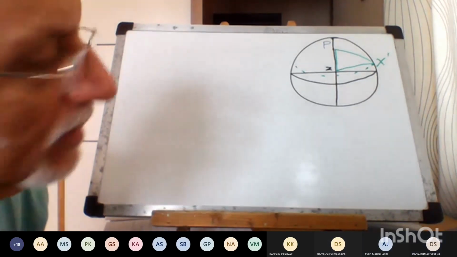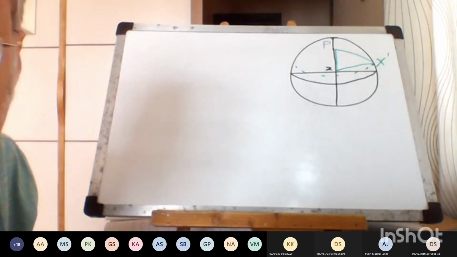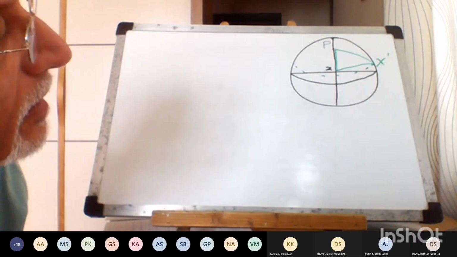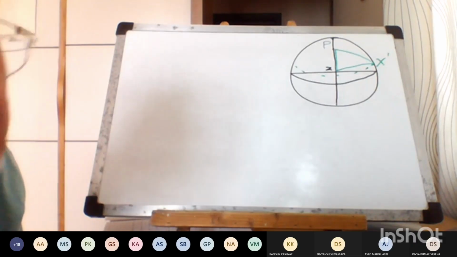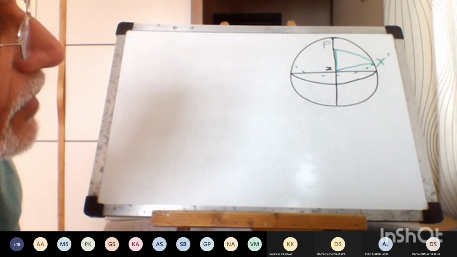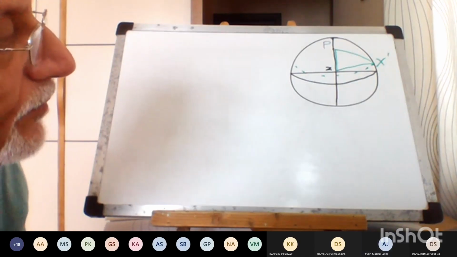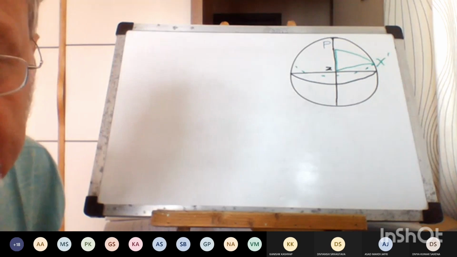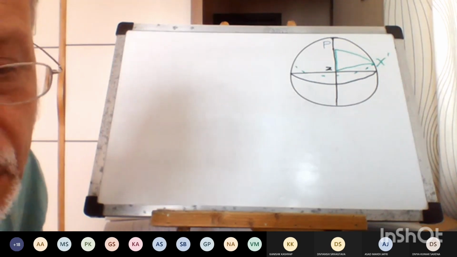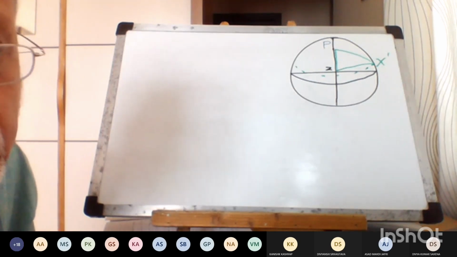Z is 90. The green one, consider that a spherical triangle, green one, PZX. There Z is not 90. Somebody said PX dash is 90. PX dash is not 90. Can you tell me why?